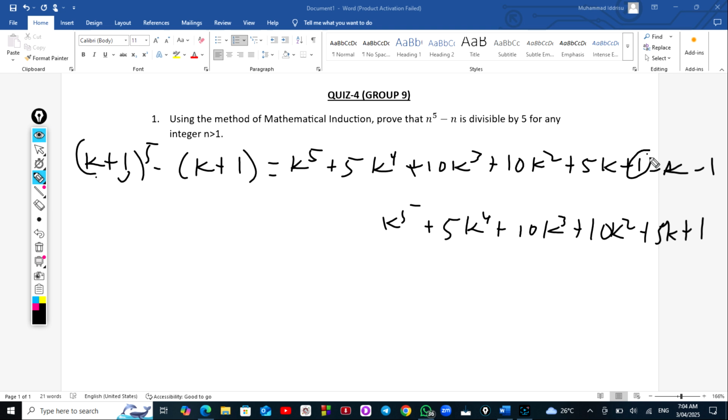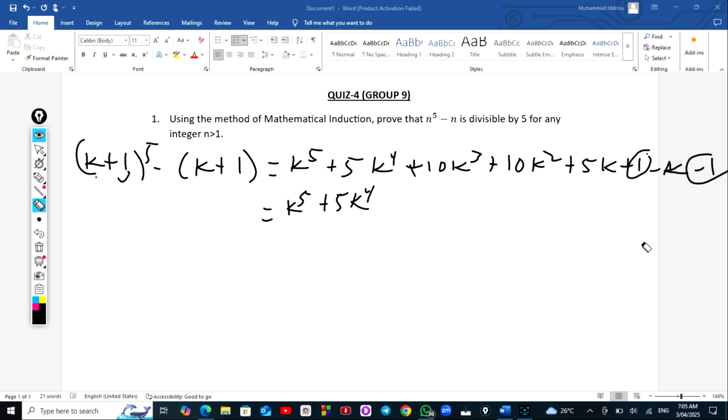You realize that this positive 1 will go away with this, so we will now have k to the power 5 plus 5k to the power 4 plus 10k to the power 3 plus 10k square plus 5k minus k.